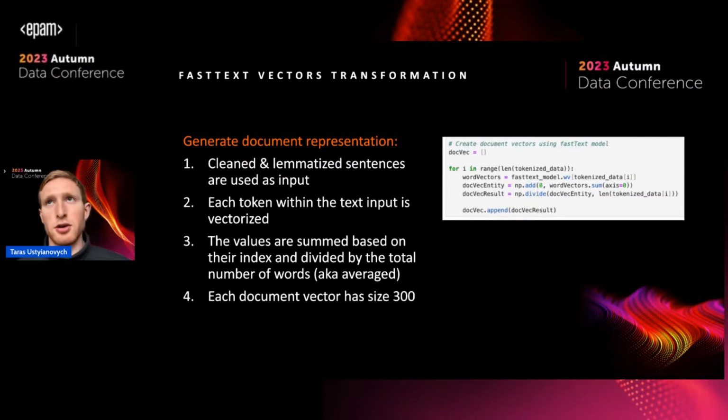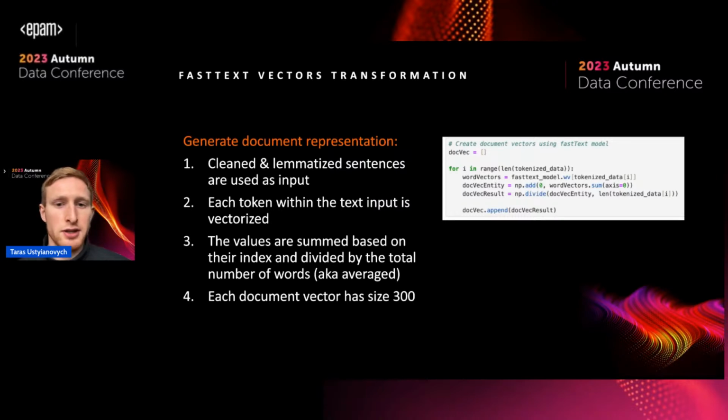Okay, so the next thing was to create a document representation of the word vectors we obtained. You have to merge these word vectors of a particular document and have a vectorized document representation. So pretty much the workflow is very straightforward.